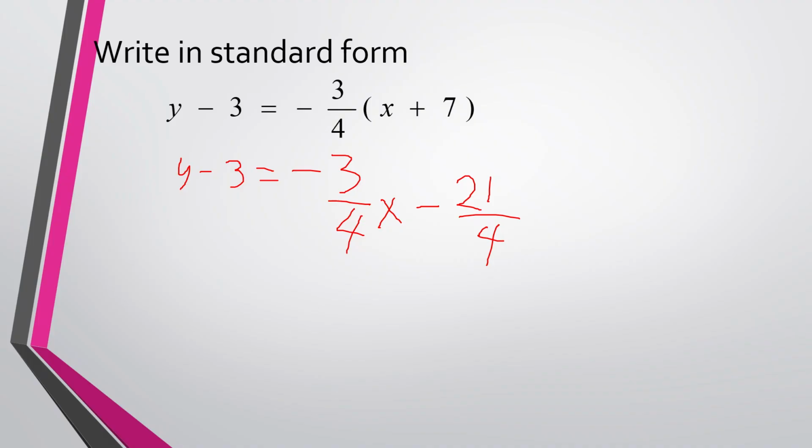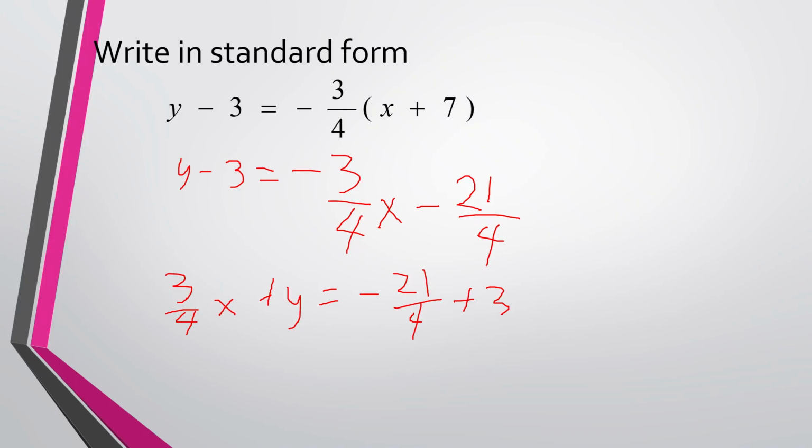Okay, so if we're going to solve that, that will become 3/4 x plus y equals negative 21 over 4 plus 3.